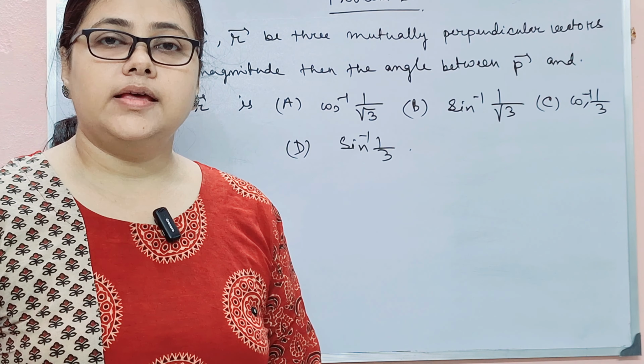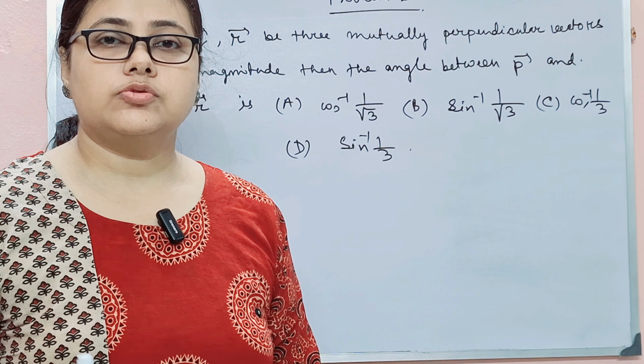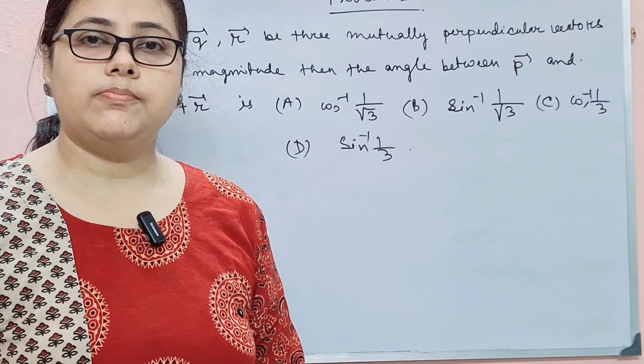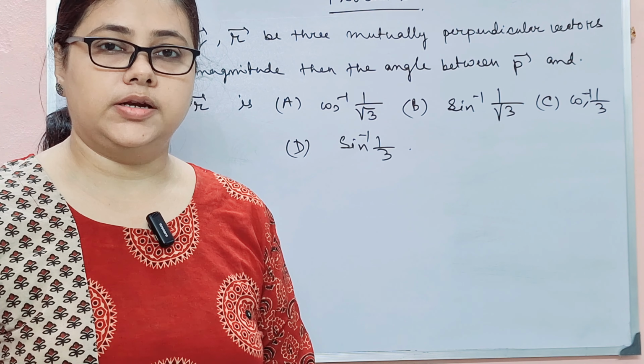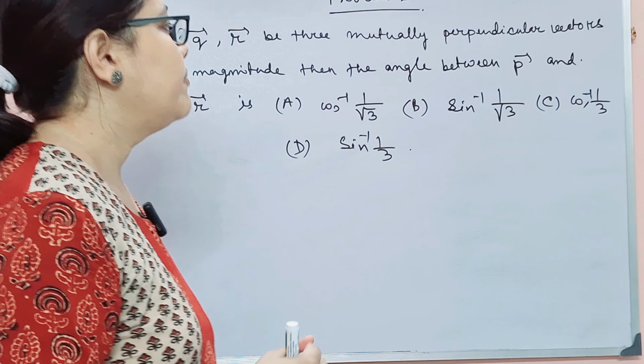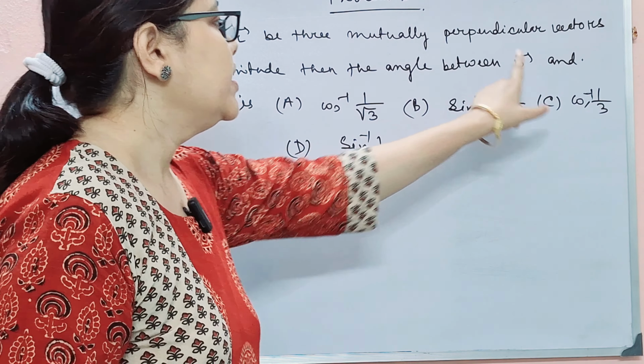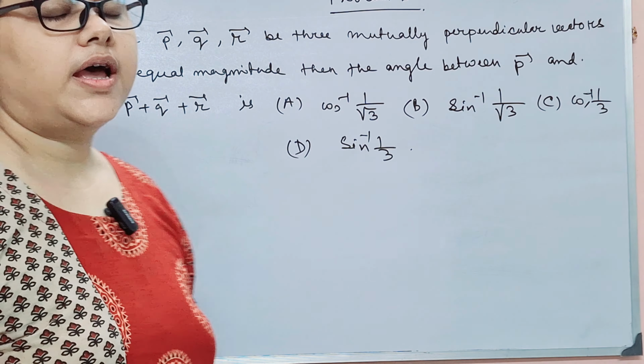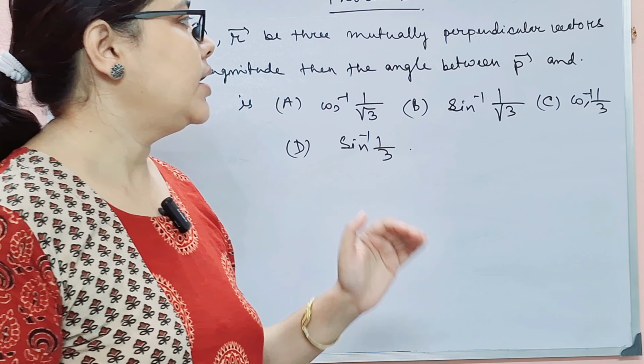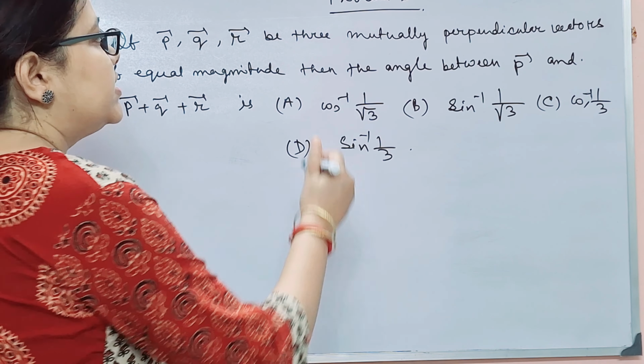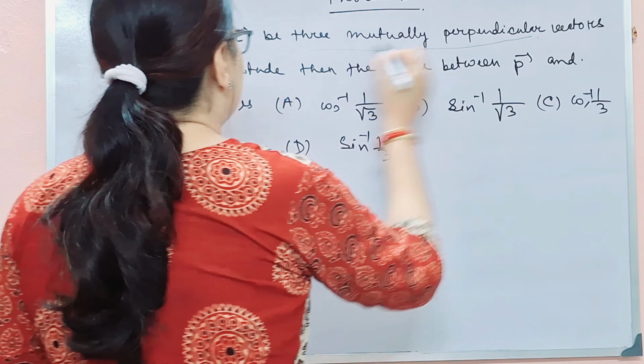To find the angle between two vectors, we will have to find out the scalar product or dot product of two vectors. Now the trick is we will have to assume the vectors P, Q and R in such a way that this condition will hold.